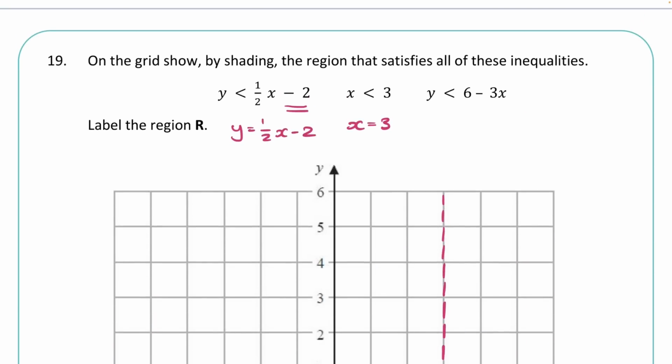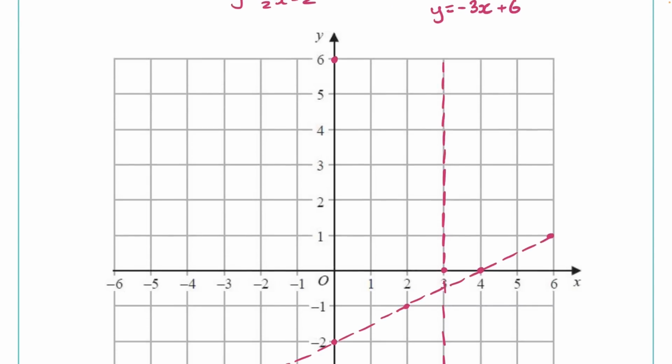This one looks worse than it actually is. So y is equal to 6 minus 3x. Now the gradient part and the y-intercept are written the other way around. So you could write that as y equals minus 3x plus 6, if you prefer to look at it like that, which just means it has a y-intercept of 6 up here, and the gradient's negative 3, which just means every jump across, I go down by 3, so down to 3, down to 0, it's a very steep line.